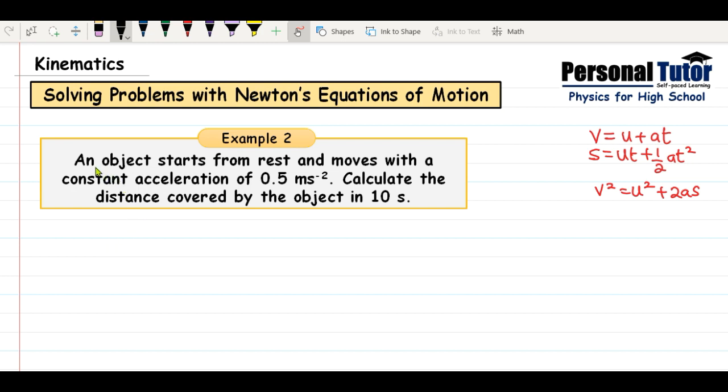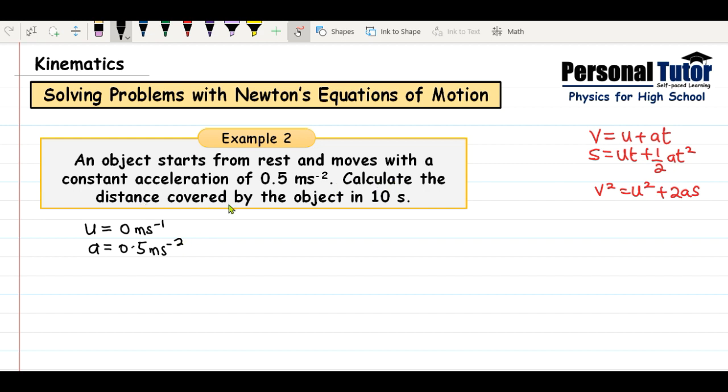So from the first statement, an object starts from rest, which has the interpretation that the initial velocity u is 0 meters per second, and moves with a constant acceleration. So there is a, acceleration, as 0.5 meters per second squared.